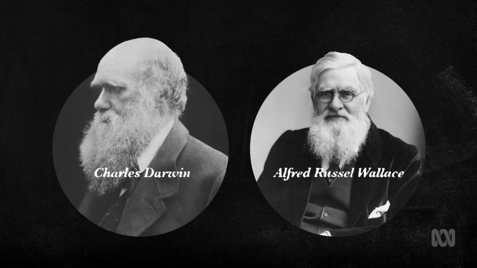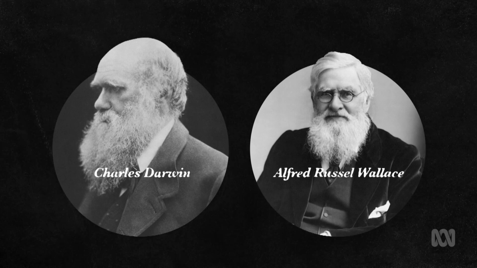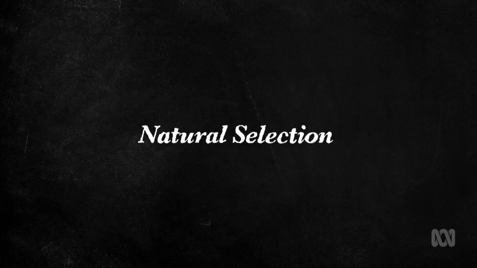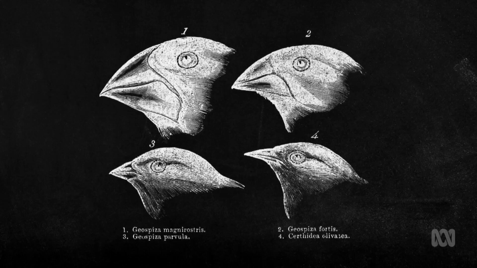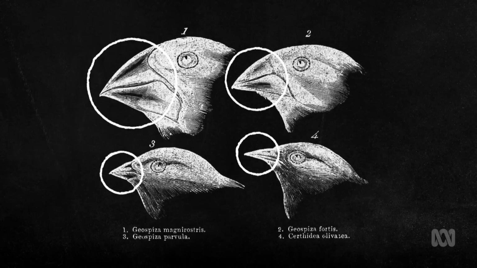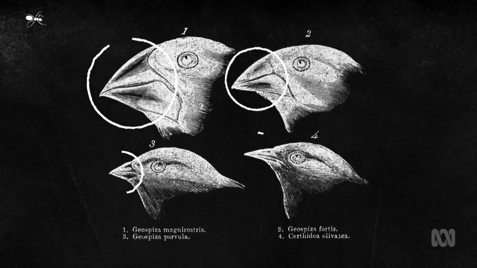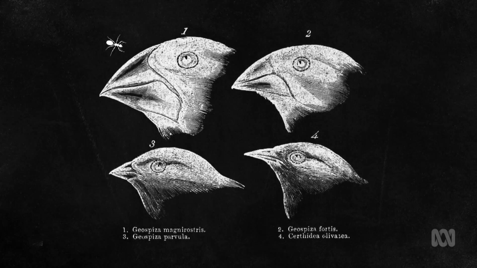About 50 years later, Charles Darwin and Alfred Russel Wallace came up with the theory of natural selection. They recognised that within a population of animals, each individual is slightly different. And some of those differences will mean that animal is better at surviving in its specific environment.